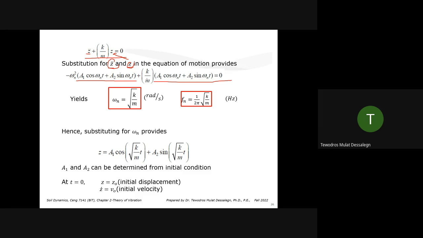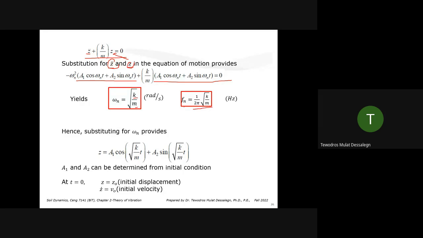If you solve this, finally what you get is that the undamped natural frequency is the square root of k by m. K is the stiffness, m is the mass. They are in rad per second. And the natural frequency fn is 1 over 2 pi times the square root of k by m. Once you know omega n, the circular frequency is 2 pi fn, so you can easily determine this.